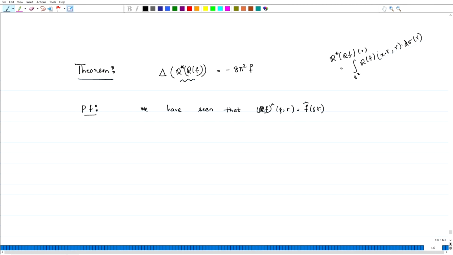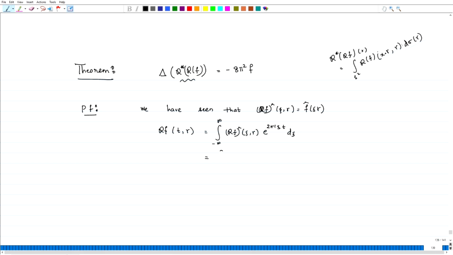Therefore, since Rf is a Schwarz class function on R for a fixed gamma, Rf(t, gamma) is the integral from minus infinity to infinity of Rf hat(xi, gamma) e to the power 2 pi i xi t d xi.